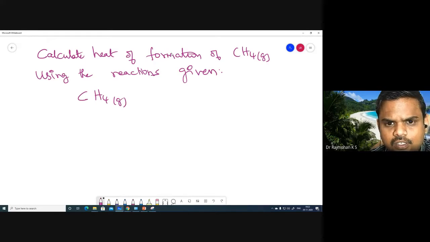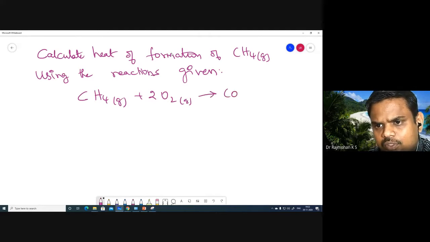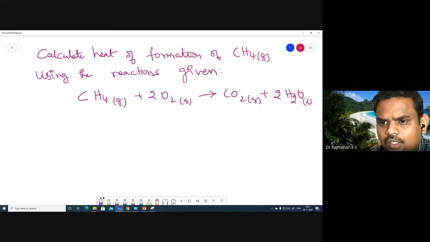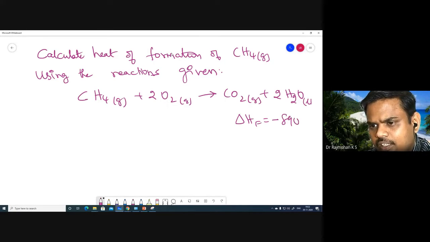CH4 gas reacts with 2 oxygen gas to form CO2 gas plus 2 H2O liquid, and for this delta H is given as minus 890.94 kilojoules.